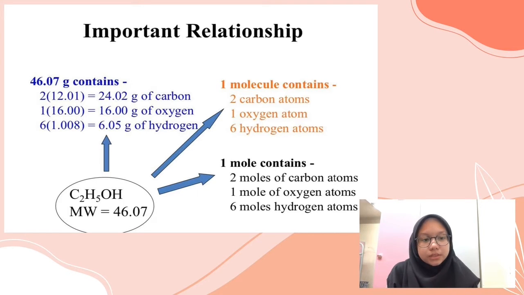This ethanol is a molecule. One molecule contains 2 carbon atoms, 1 oxygen atom, and 6 hydrogen atoms. The same goes for the mole: 1 mole contains 2 moles of carbon atoms, 1 mole of oxygen atoms, and 6 moles of hydrogen atoms.